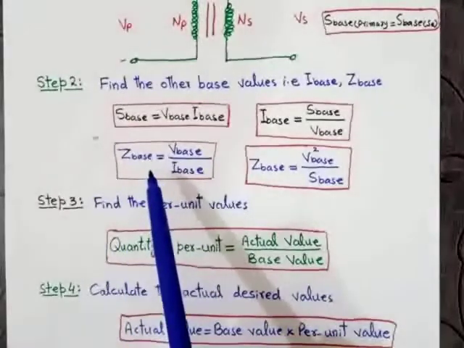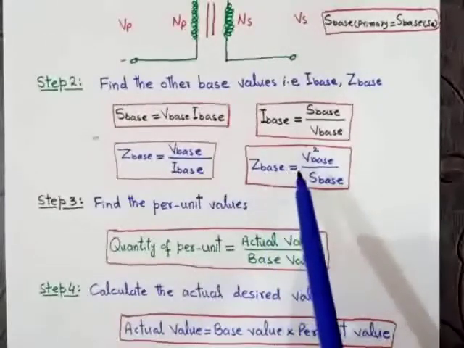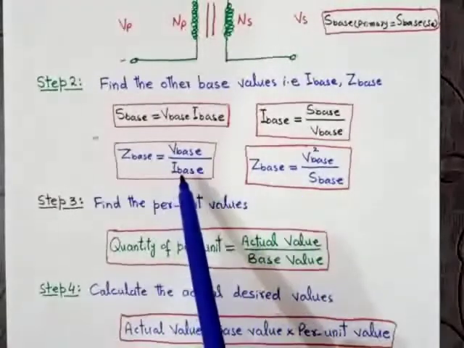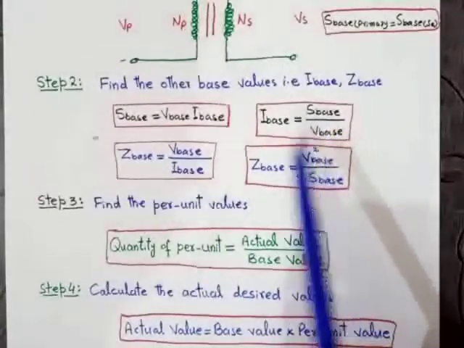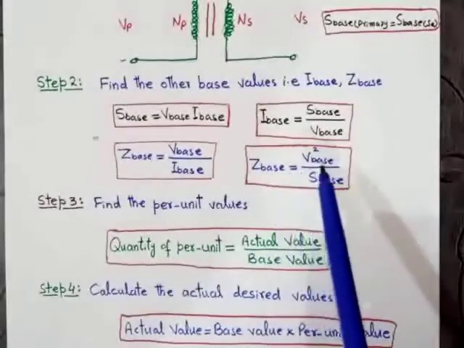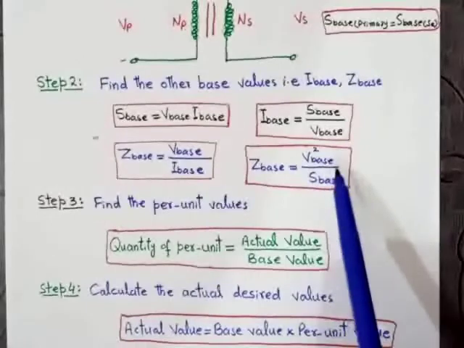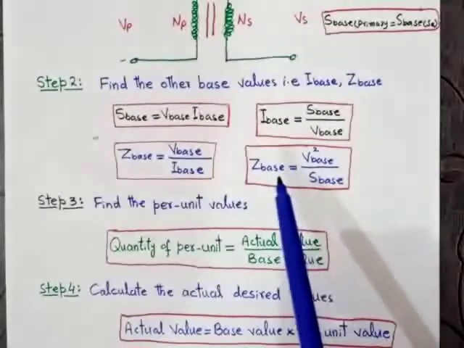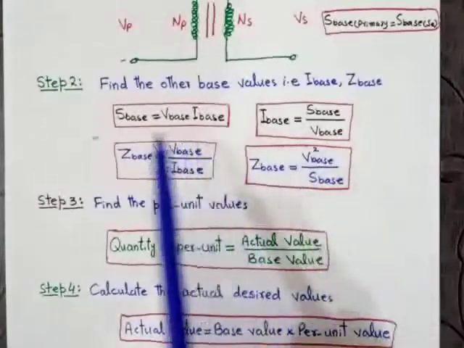The other formula for the base value of the impedance: if we put the value of I base is equal to S base over V base in this equation, we get Z base is equal to V base squared over S base. By using this formula, we can determine the base value of the impedance. So this is step number 2.